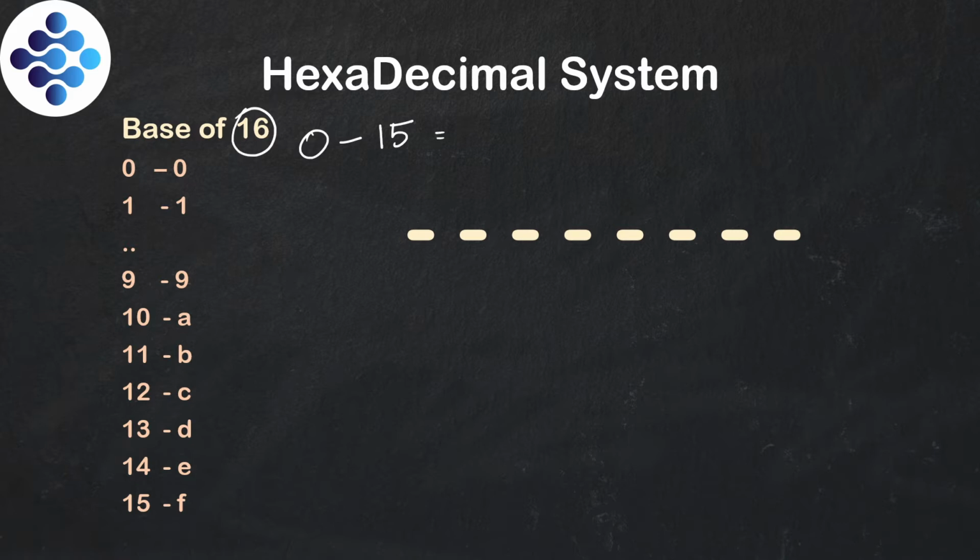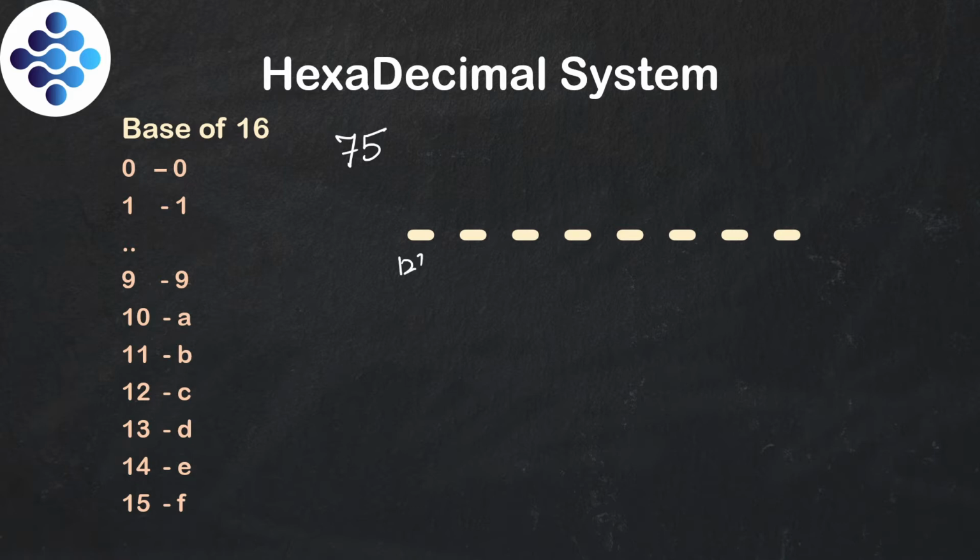The total is 16 characters. 0 is 0, 1 is 1, so up to 9 there is no change. But from 10 onwards, 10 is A, 11 is B, 12 is C, 13 is D, 14 is E, and 15 is F.